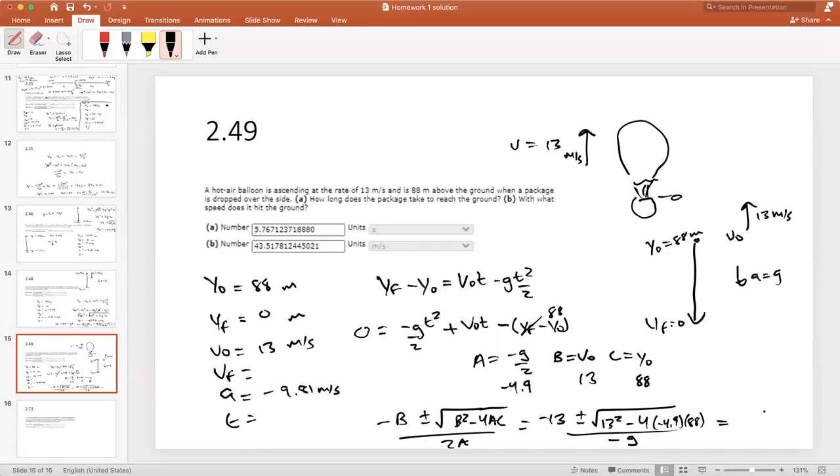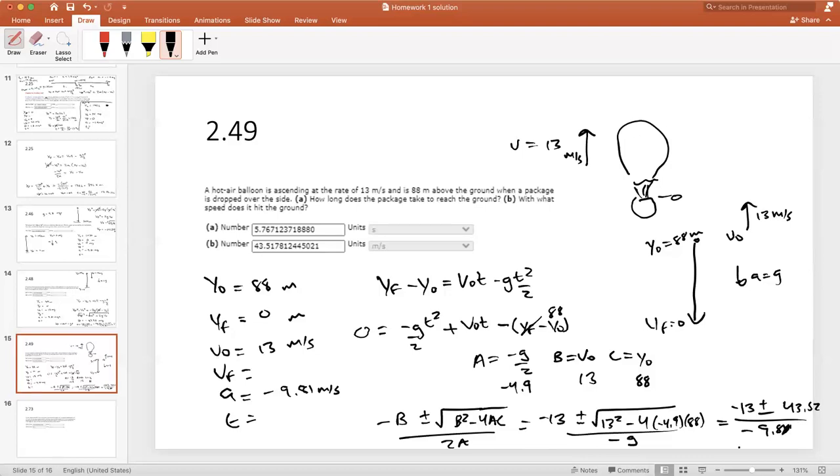So if I do this, the square root of 13 times 13, a minus and a minus give me a plus, so plus 4 times 4.9 times 88. I get minus 13 plus or minus the square root of all that, which gives me 43.52, and this is over minus 9.81, or 9.8.